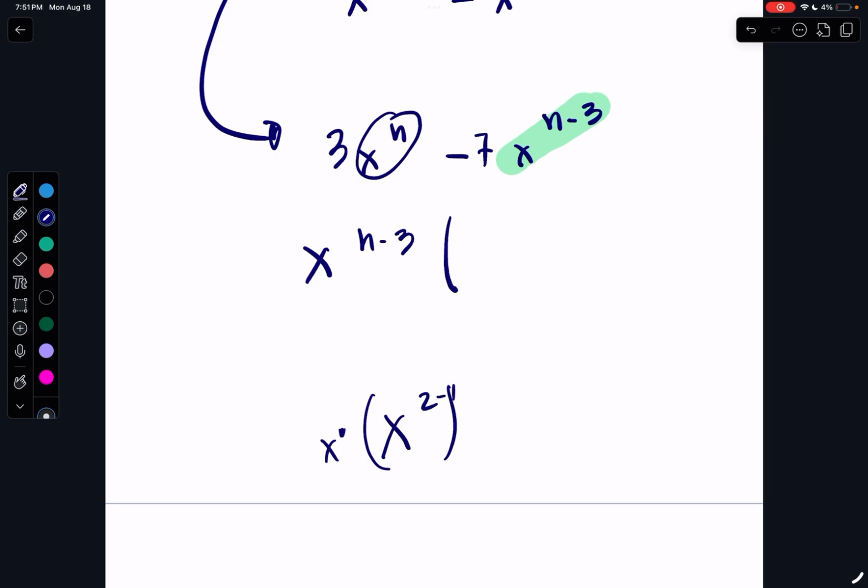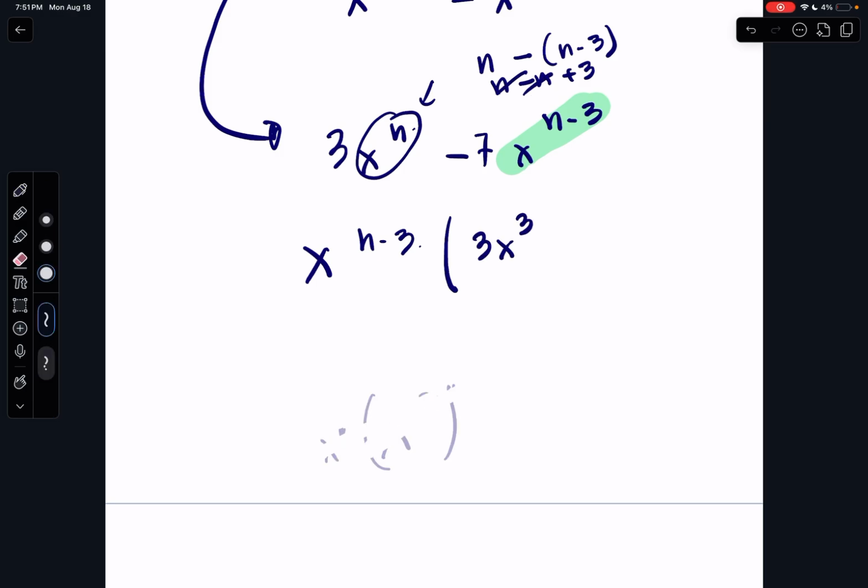So from here, it will become n minus (n minus 3), so n minus n plus 3. This will cancel out, so we are left with x cubed.